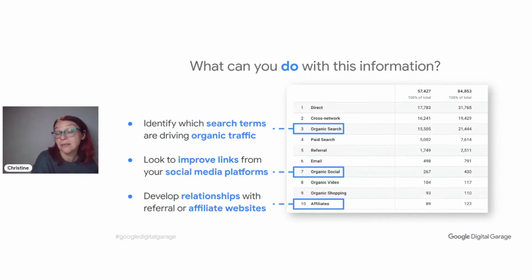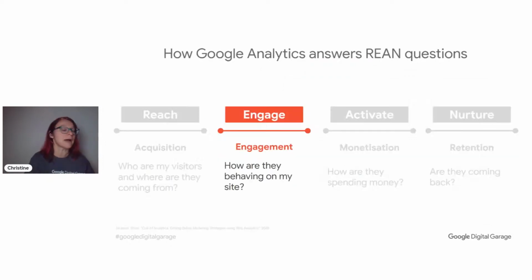So we might decide to do more over there. We might think, actually, when people come to us from referring sites, from affiliates, we can see what's working for us. Do we want to do more of that? There are no out and out right and wrong answers. It's just about starting to understand our own data.